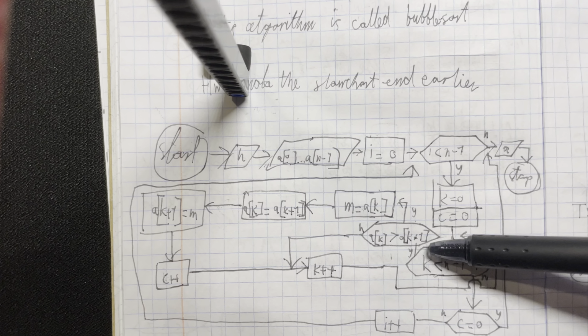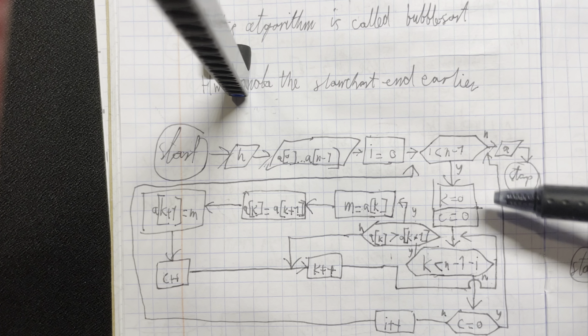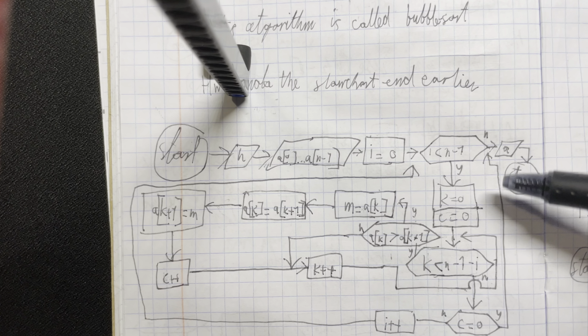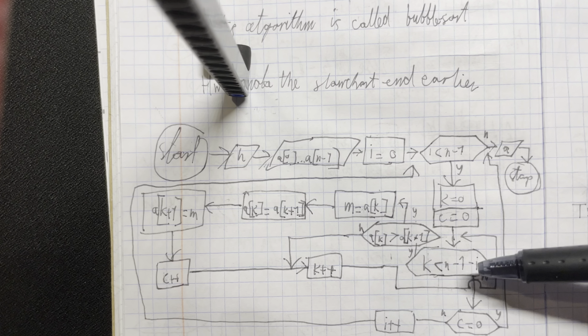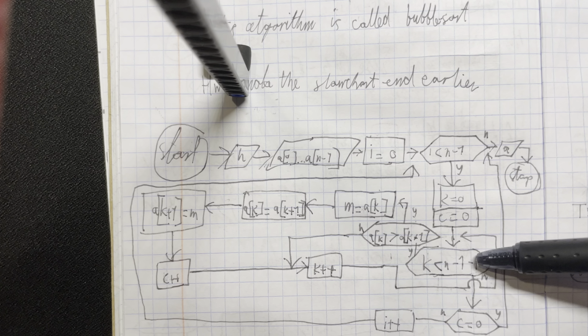so we want to have another loop. We don't want to use this one. Here we use k is smaller than n minus 1 minus I. Now, why do we do minus I?